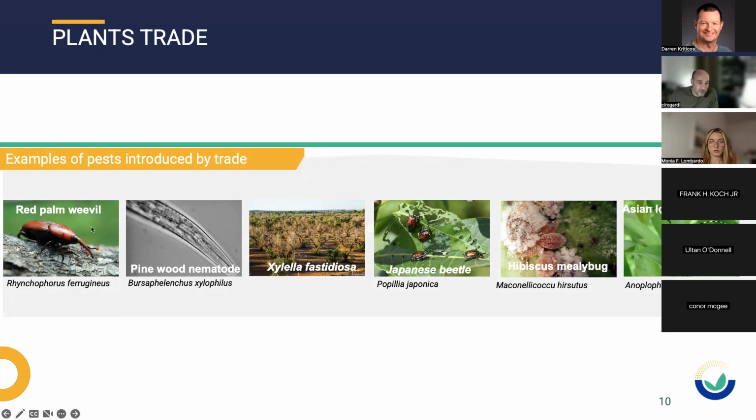So we have the red palm weevil, we have the pinewood nematode, we have the dramatic case of Xylella fastidiosa, which for the last decade is probably the pest that has caused the highest impact so far in Europe. But we have several others. These are just examples: Popillia japonica, Maconellicoccus hirsutus, Anoplophora glabripennis, just to mention some of them.